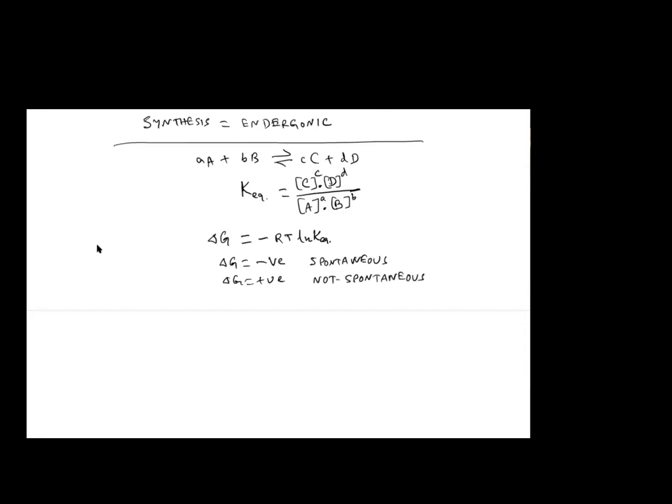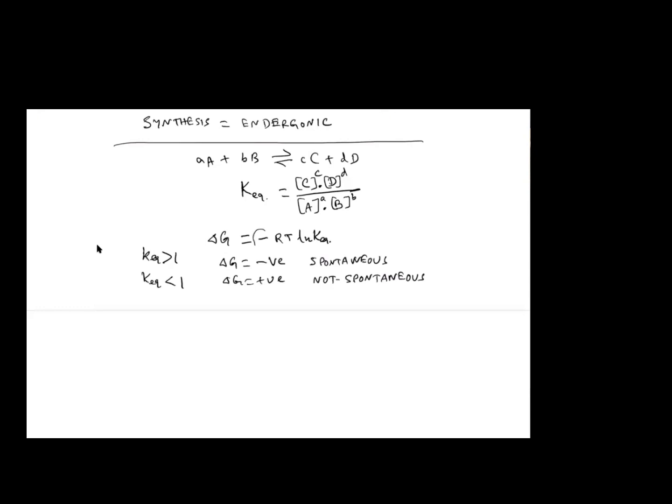What about the K equilibrium? What type of number are we looking for if we want to make it spontaneous? We have two situations, one for spontaneous, one for non-spontaneous. It should be greater than 1, and here less than 1, because of the negative sign.